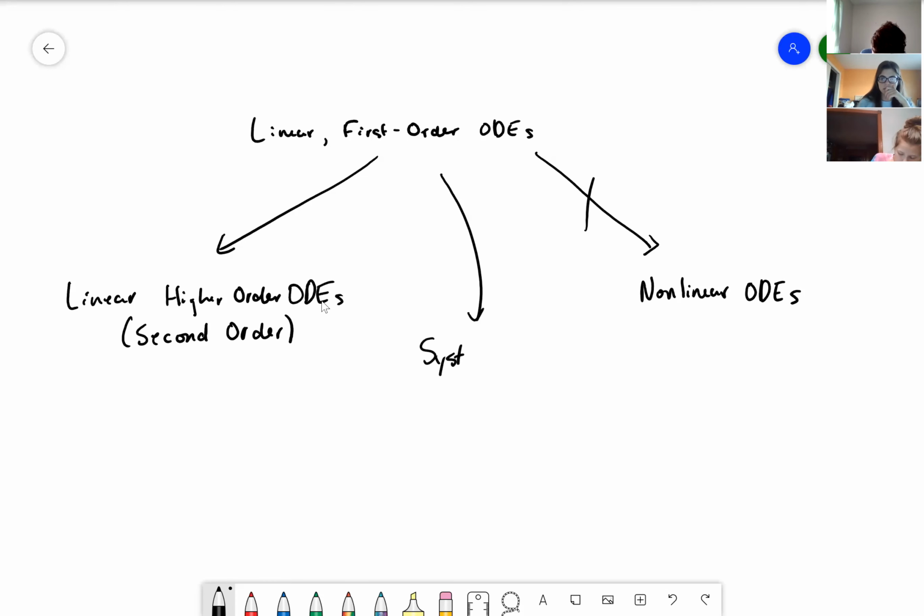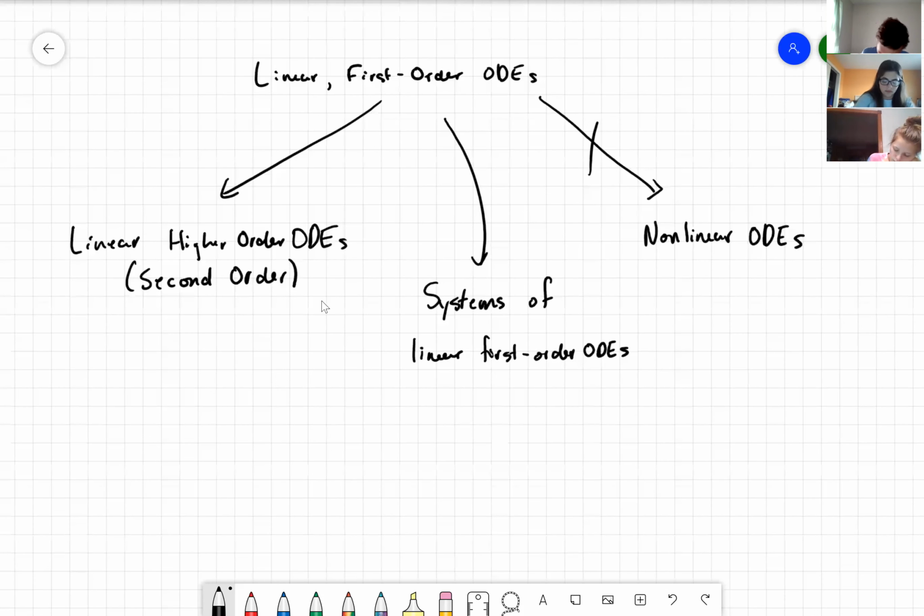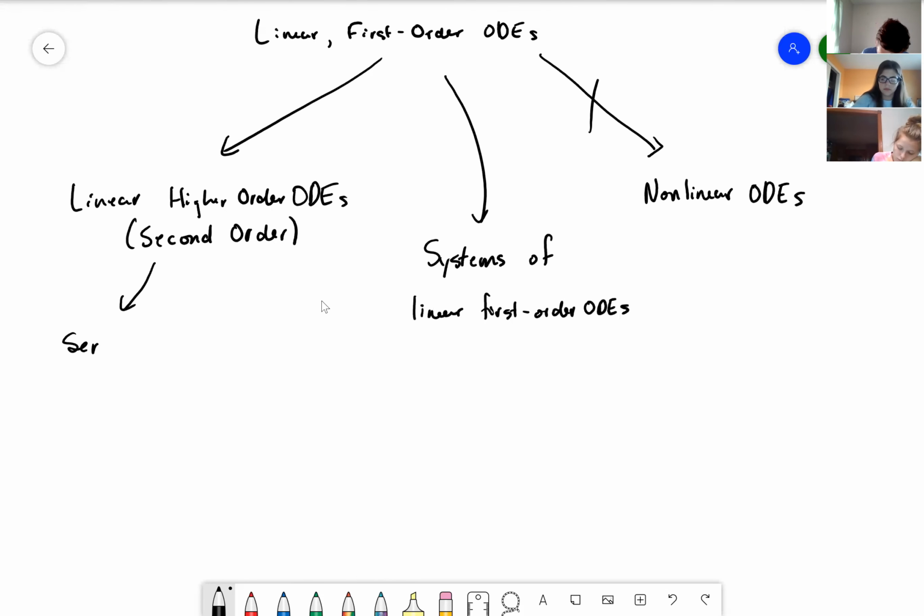And so this will be our last topic, systems of linear first order ODEs. Right, in this direction. This is where we ended up the series.